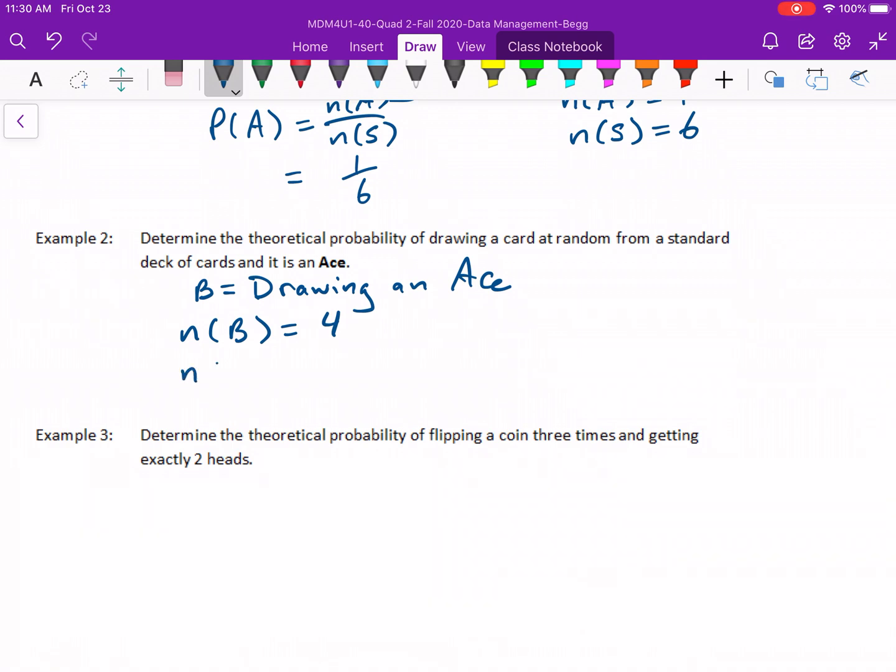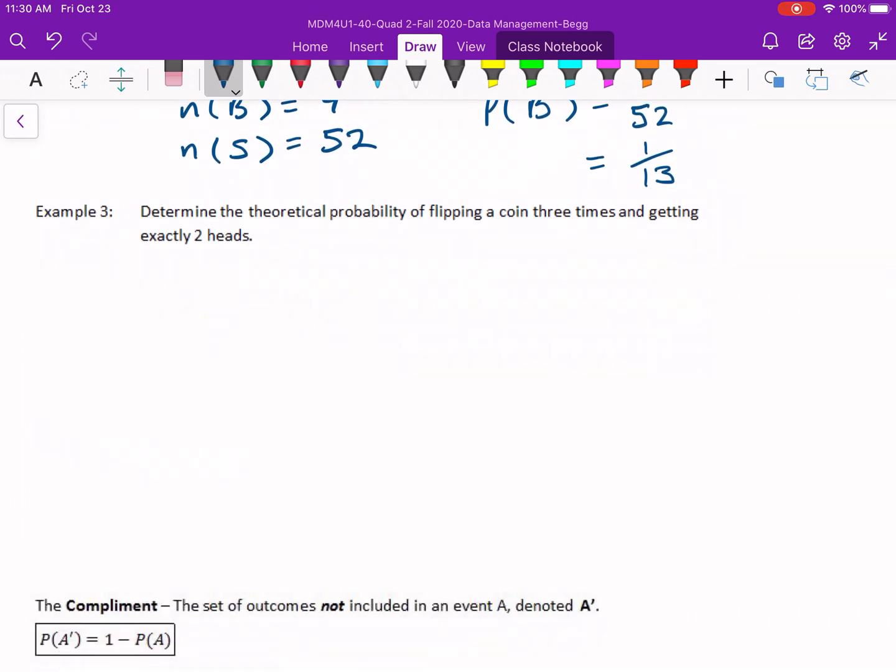And you'll also know that the sample space is all the cards in the deck, and there's 52 cards in the deck. So the probability of drawing an ace is N of B, which is 4, over N of S, which is 52. And then, of course, as we saw in a previous lesson, we always reduce. So that's equal to 1 over 13.